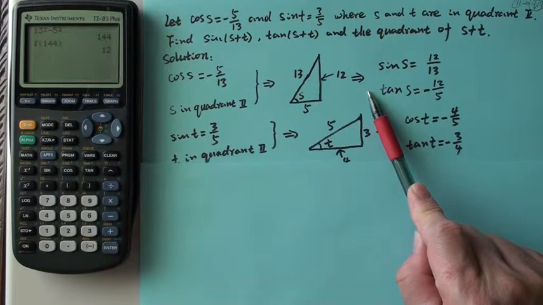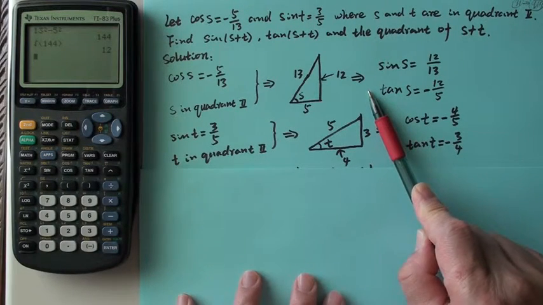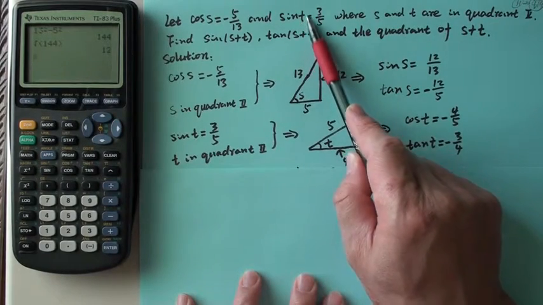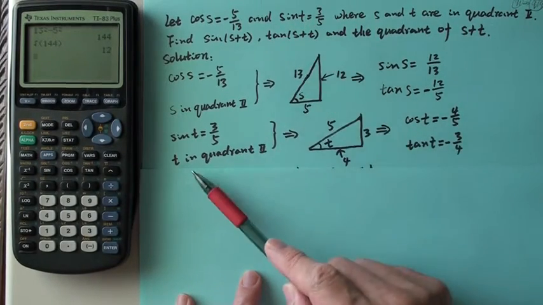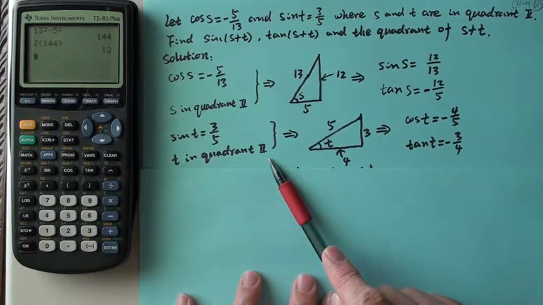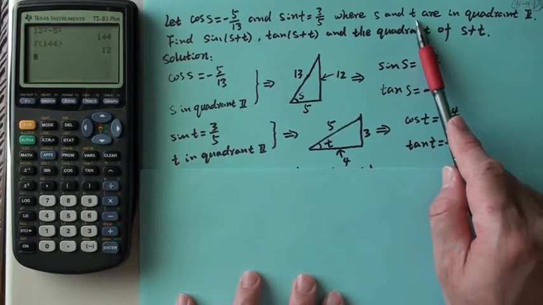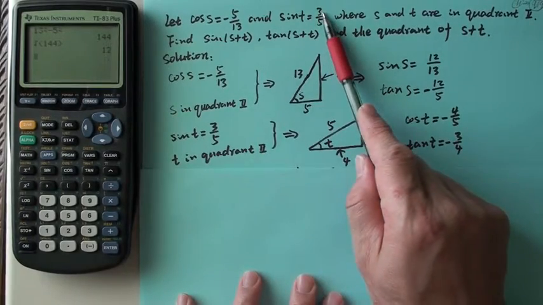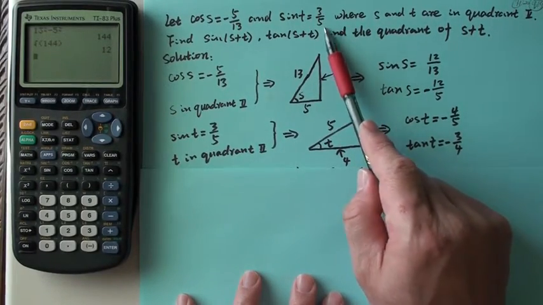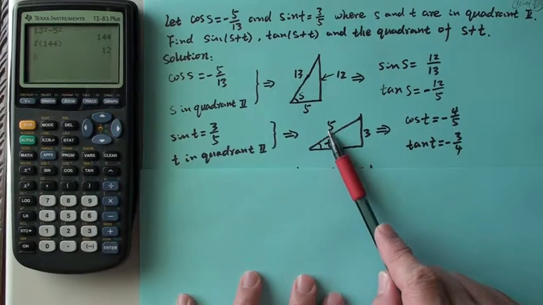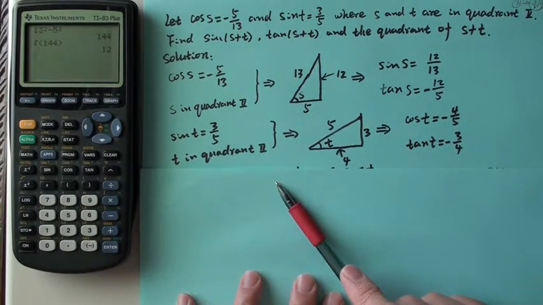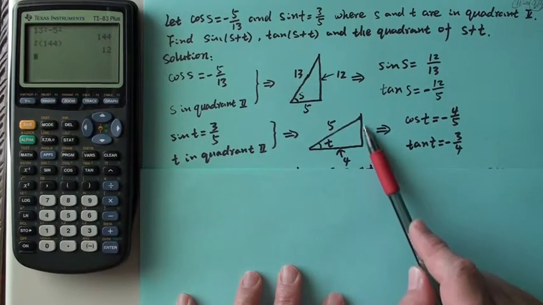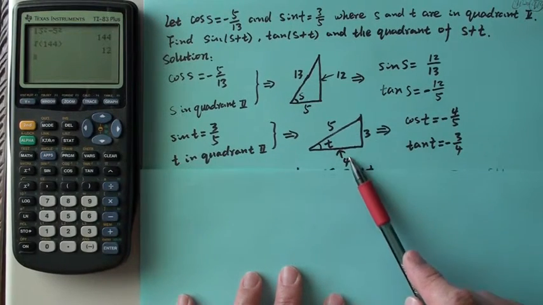Similarly, you can do the same with respect to the angle t. Angle t is in quadrant 2, and sine t is 3/5. Based on this information, you can always draw a right triangle.